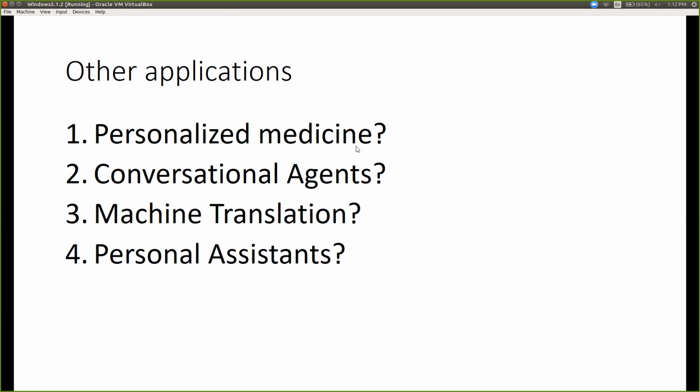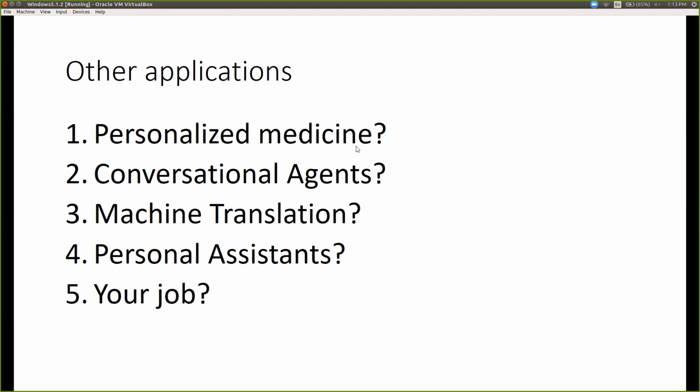There's personal assistance, which is not just a conversational agent, but something perhaps much more than that, because it can schedule flights for you and things like that. All of these applications are ones people are worrying about how to do, and it's extremely plausible. You need machine learning to really do these things effectively.